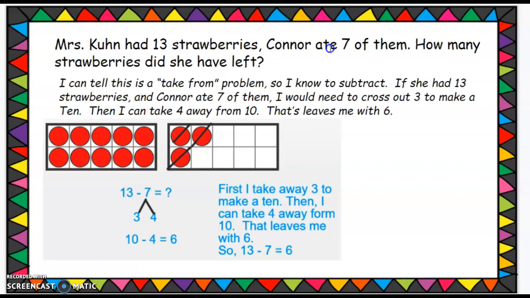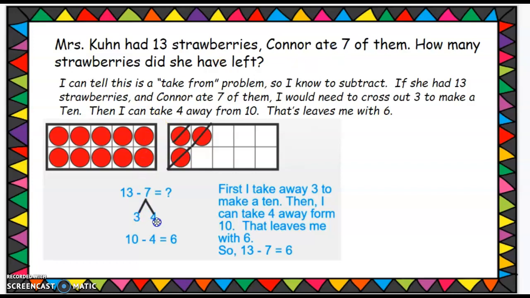They're no longer there. If she had 13 strawberries and Connor ate 7 of them, I would need to cross out 3 to make 10. Remember, I'm trying to get to the number 10 because it's an easier number to work with. So 3 and 4 put together make 7, as you can see right here.